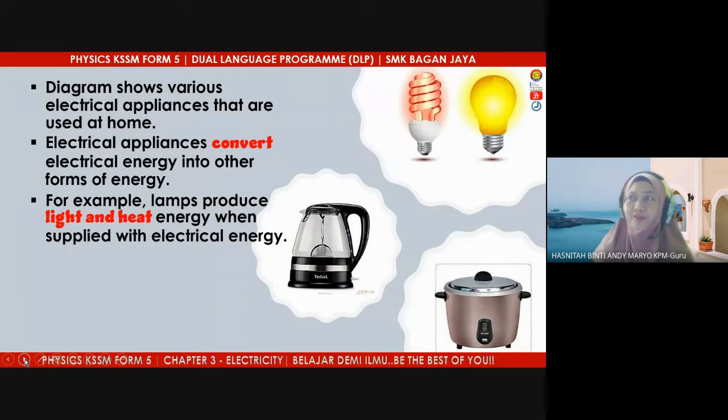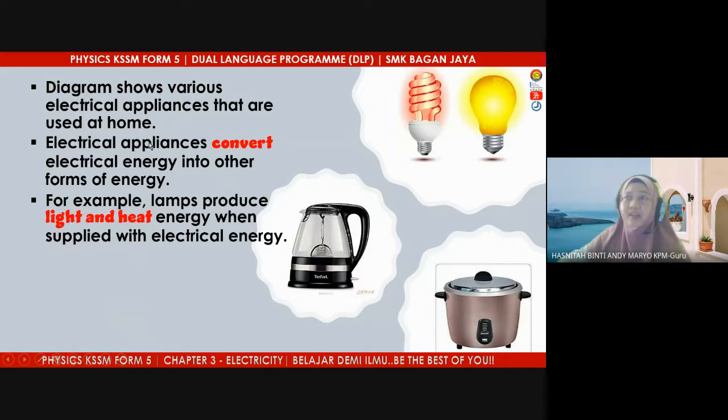Before we go to our first learning standard, these are a few examples of electrical appliances which you normally see at home: an electric kettle, a rice cooker, a light bulb. What else? We have a refrigerator, air conditioner, vacuum cleaner, and so on, including an iron.